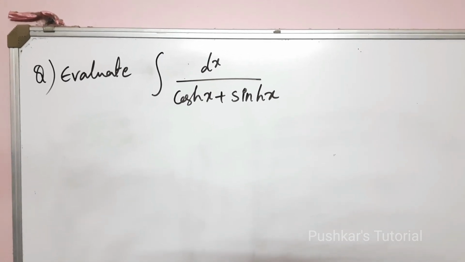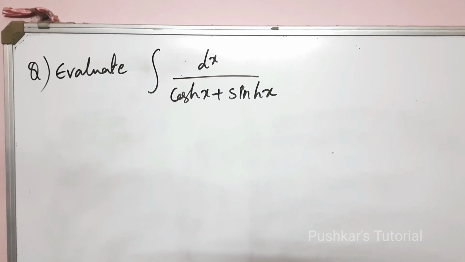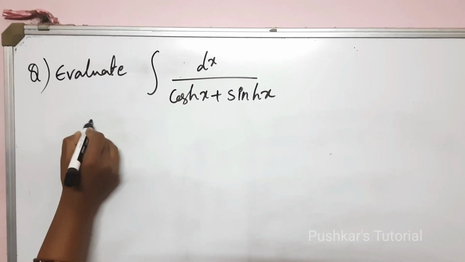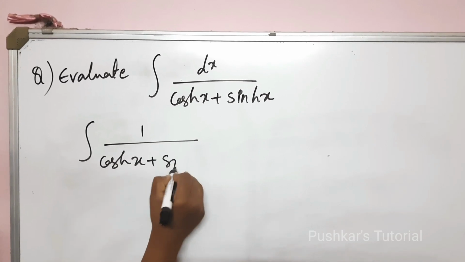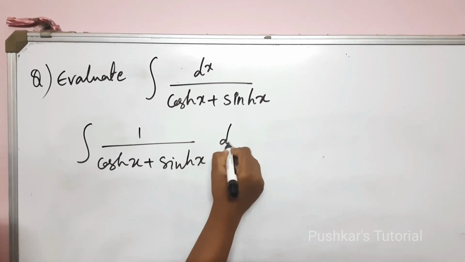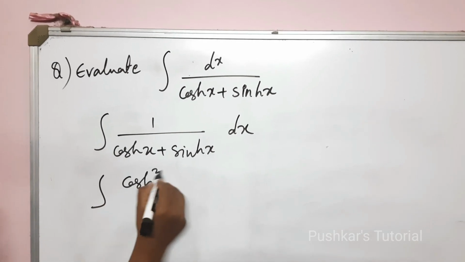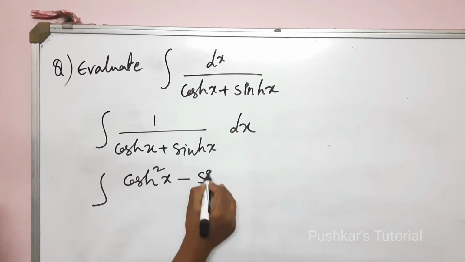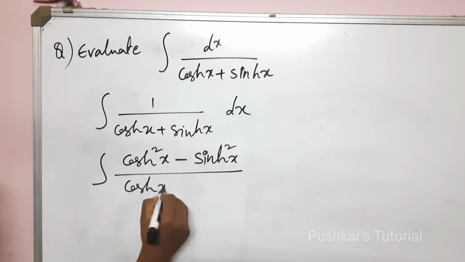Evaluate the integral of dx by cosh x + sinh x. In hyperbolic trigonometry we can write the numerator 1 as the identity cosh² x minus sinh² x, and the denominator as it is.